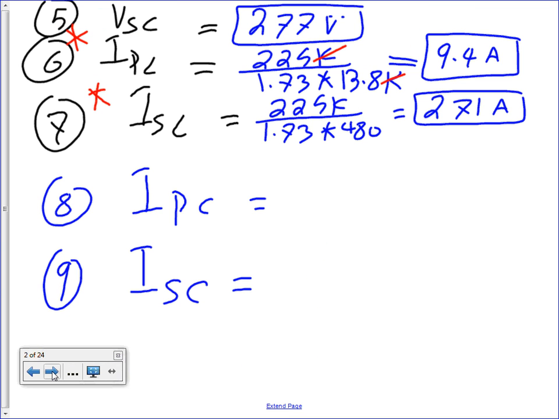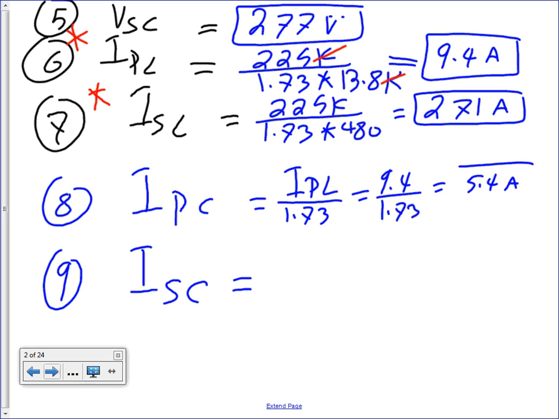If you remember the rules of a delta, since it's a delta, I primary coil equals I primary line divided by 1.73, or 9.4 divided by 1.73, and that will get you a healthy 5.4 amps.